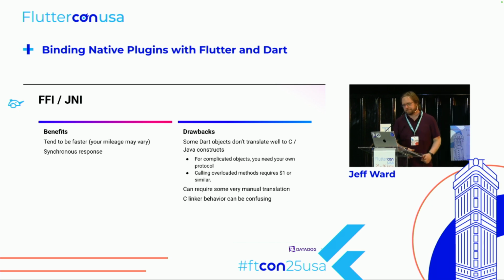And lastly, although the new asset stuff solves some of this, the C linker behavior can be very, very, very confusing. For example, if you happen to be binding OpenCV and you happen to be exposing a method in a static thing, and then when you build the profile version, it just isn't there. This happens.